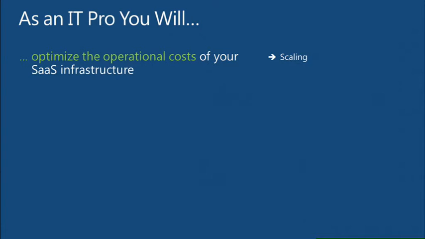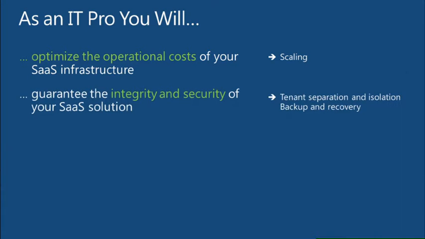If you really want to go the last mile, you can of course do auto scaling, but it will be hard. Be prepared for some problems here. Next one. You are still responsible for integrity and security, and even more responsible than in the past, because now you have a shared infrastructure.